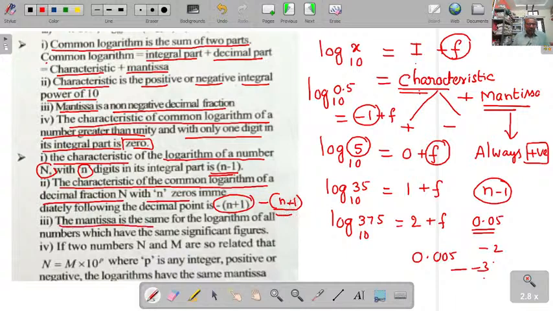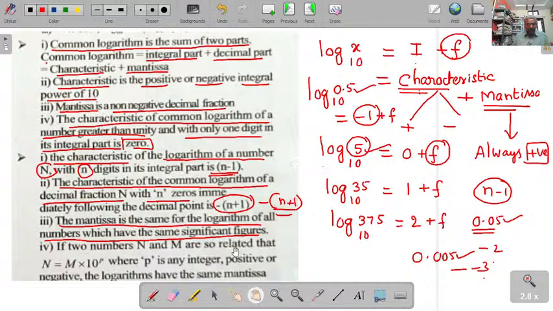The mantissa is the same for the logarithm of all numbers which have the same significant figures. So that means 0.5, 5, 0.05 have different characteristics, but the mantissa will be the same. They are called significant figures.